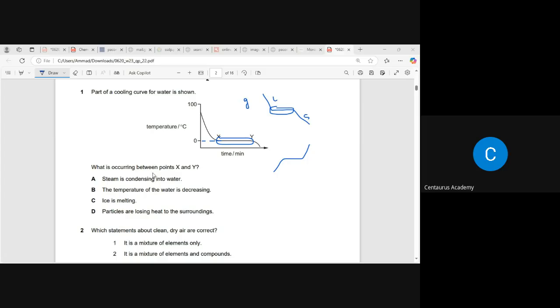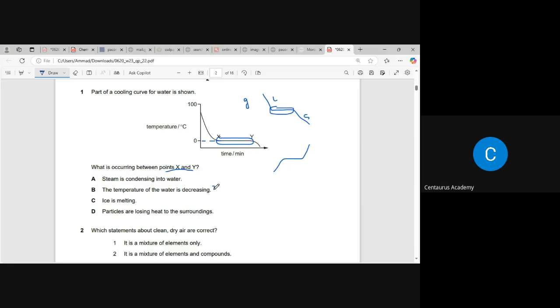Do you see that the temperature of water is decreasing? They're talking about between the points X and Y. Do you see that the temperature of water is decreasing?